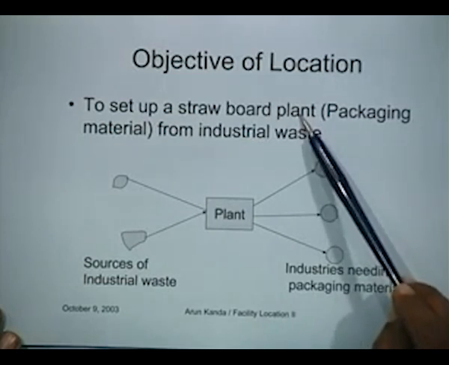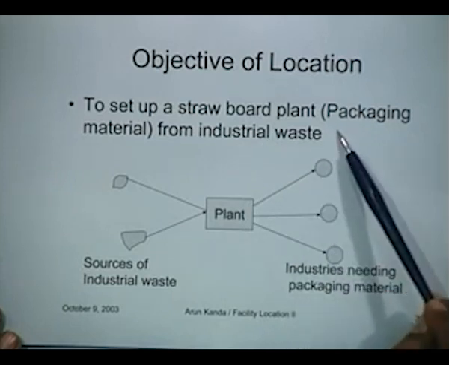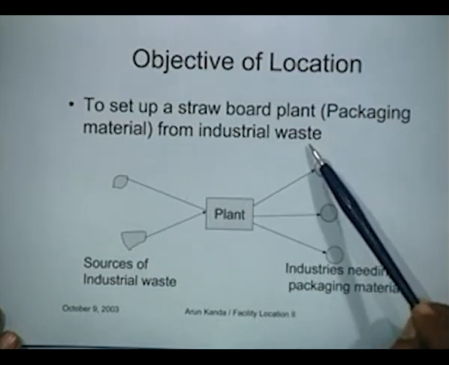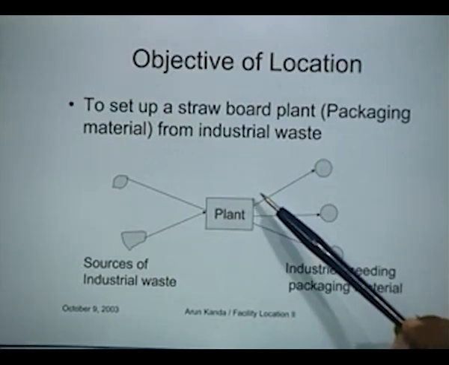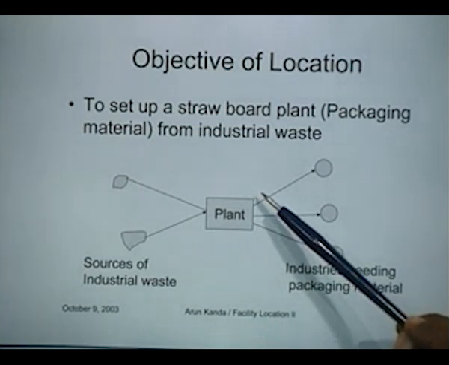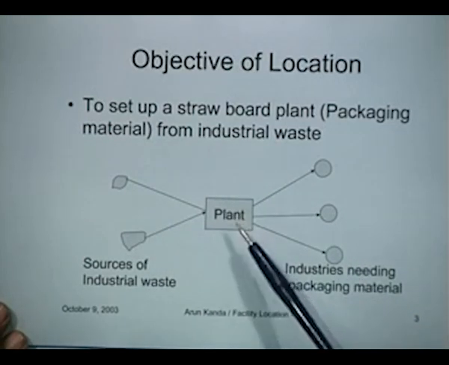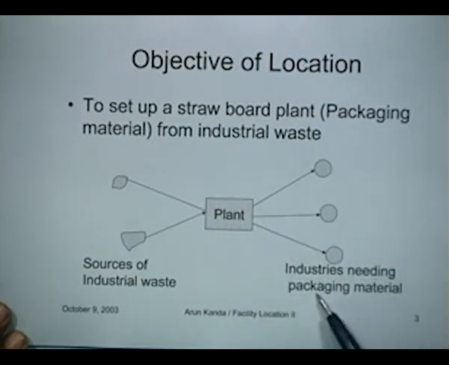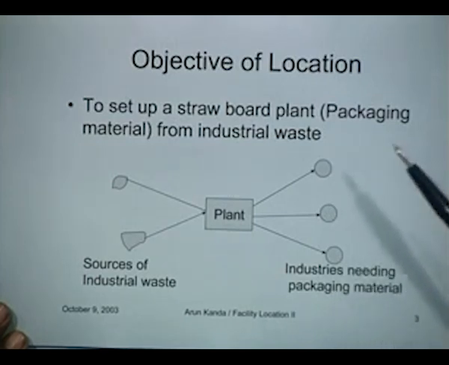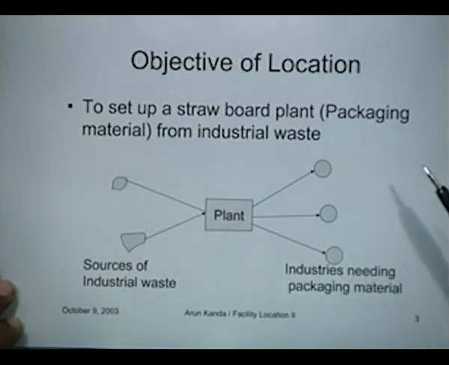Straw board, as you know, is packaging material which is made from industrial waste, and basically the idea was that this would be set up in an industrial setting, so that there would be availability of industrial waste automatically, and that particular industrial waste would serve as an input for the plant, and this would then be processed to supply various industries needing packaging material in the form of cartons and so on. So this was the basic idea behind the location of this particular plant.